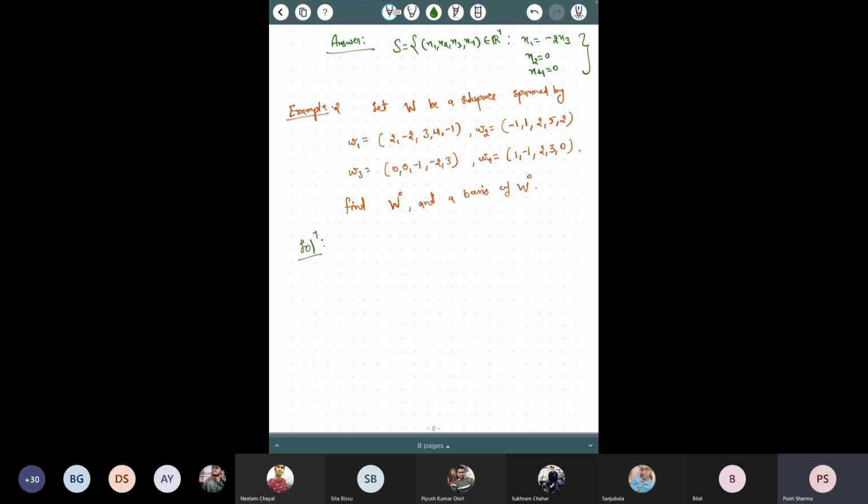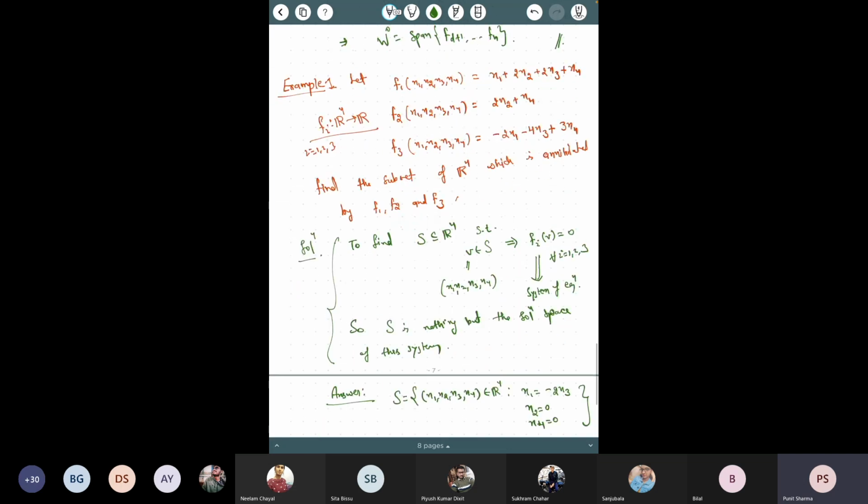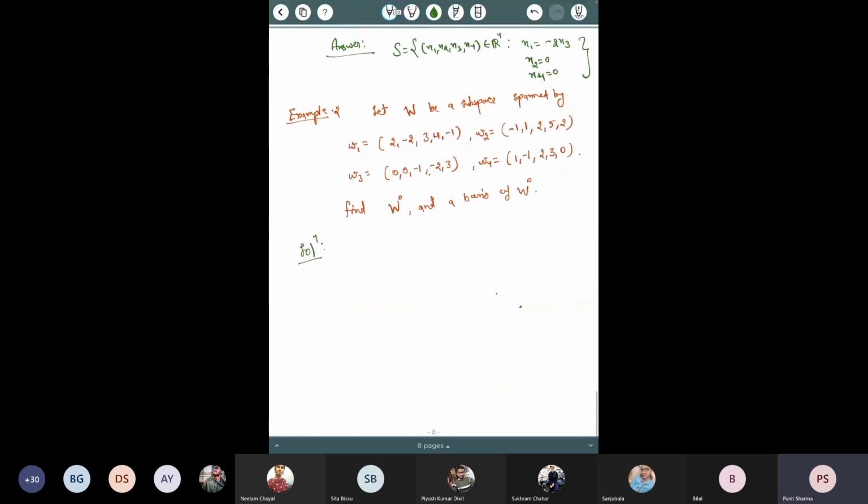Again we follow the same kind of idea which we had in the first example. So we have to find W naught. What does it mean?